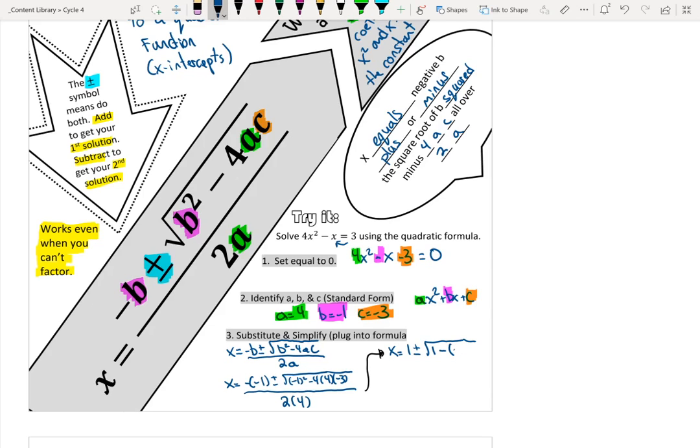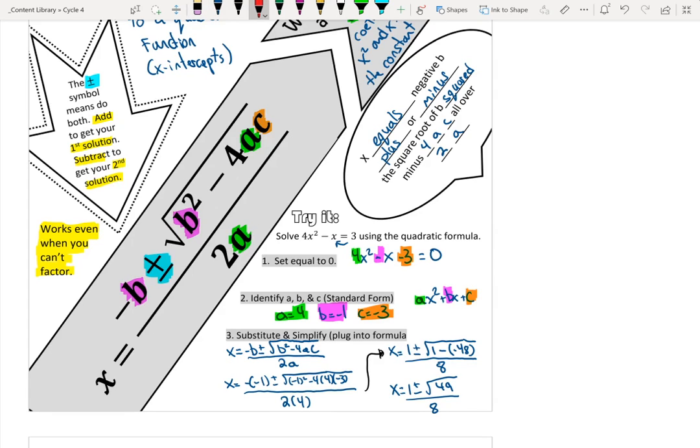A little bit nicer. All divided by 8. And I can take this one step further and simplify it to 1 plus or minus the square root of 49, all divided by 8.